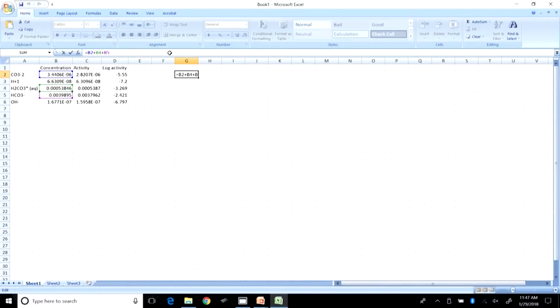So to calculate CO3 total, what did I just do? We just summed up the concentrations of the three species relevant of the carbonate system, H2CO3, HCO3 minus and CO3 2 minus. And so the CO3 total that we end up with, after summing up CO3 2 minus, H2CO3 and HCO3 minus, is equal to 4.5 into 10 power minus 3.